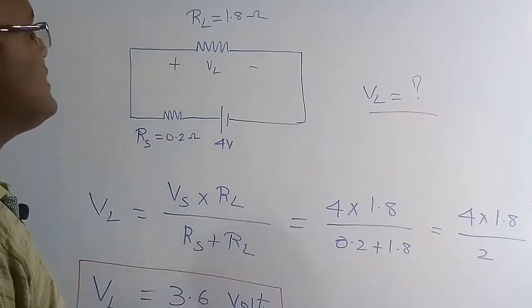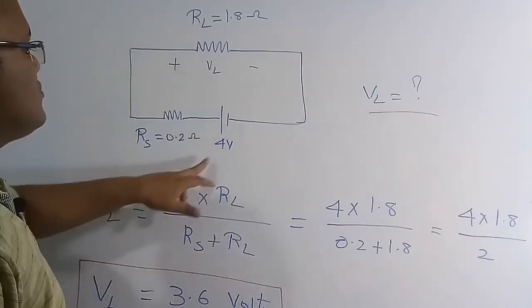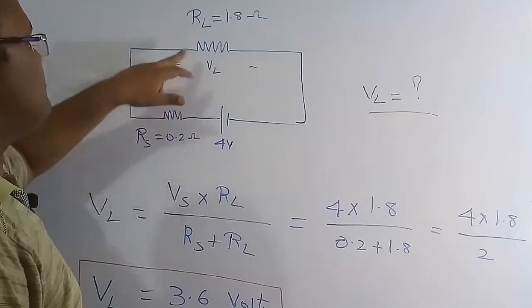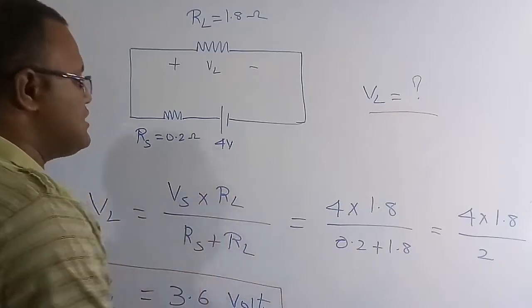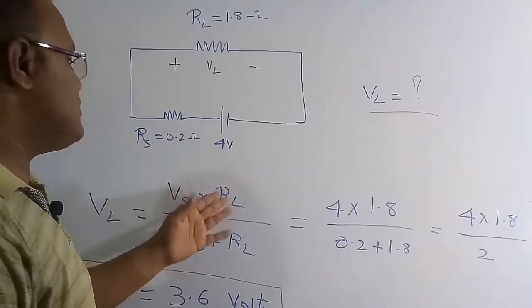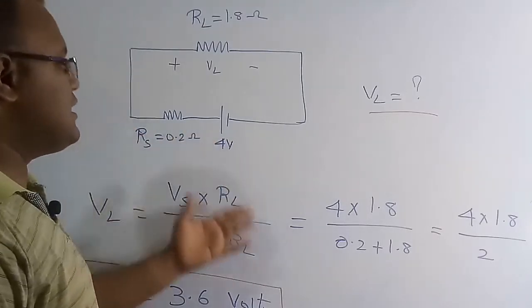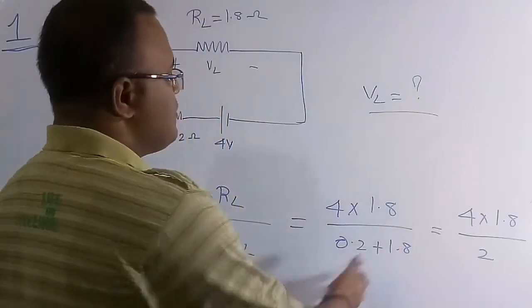Therefore, by applying the voltage division principle, the voltage across the load is equal to the supply voltage into the load resistor divided by the sum of the resistors present in the circuit, which is Vs into RL by Rs plus RL. Vs is equal to 4 volt, RL is equal to 1.8 ohm, and Rs is equal to 0.2 ohm. Substituting here, 0.2 plus 1.8 is 2.